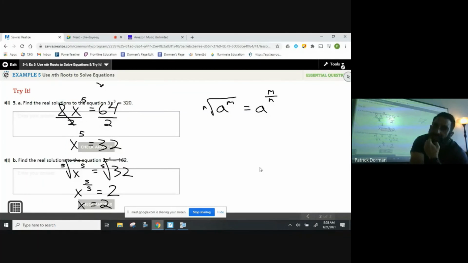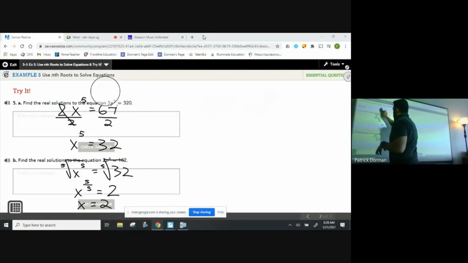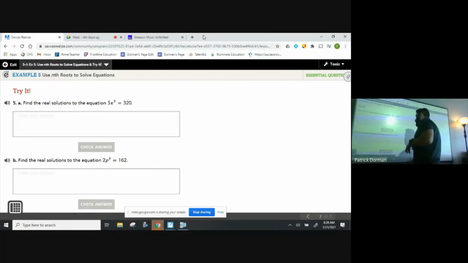Let's do another one of these, and then I think I want to double back and do another example of simplifying. Now that I've done the lesson, I feel like it's lacking right there. So let's go ahead and solve a couple of these, and then we'll find some more expressions to simplify.